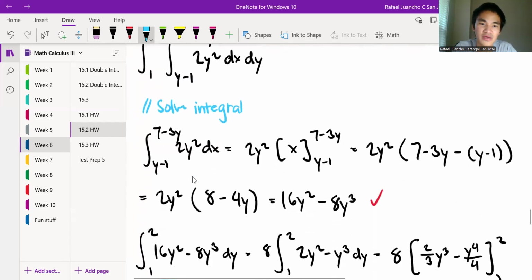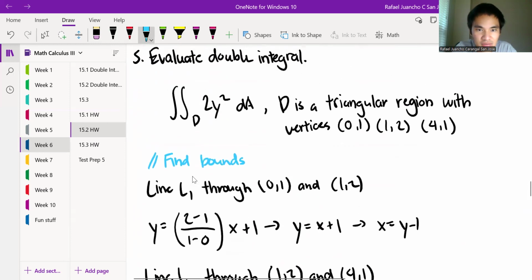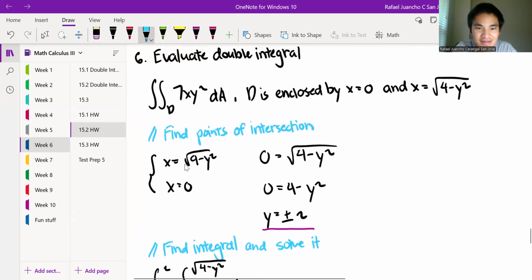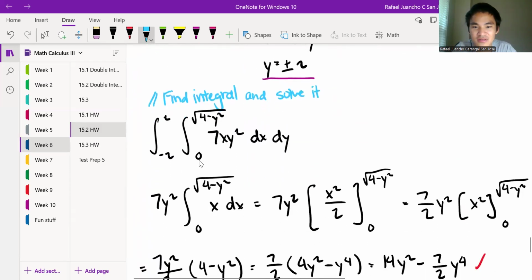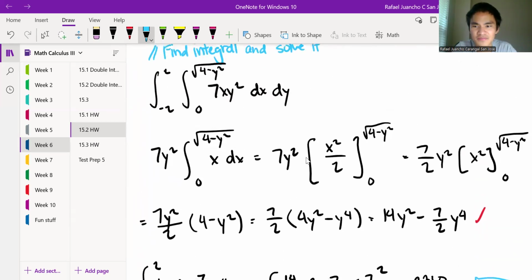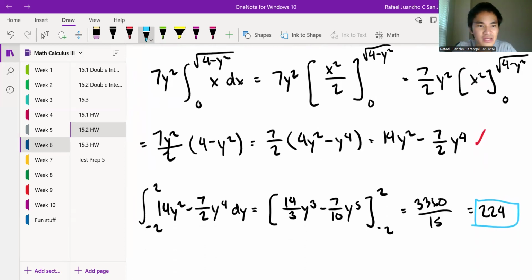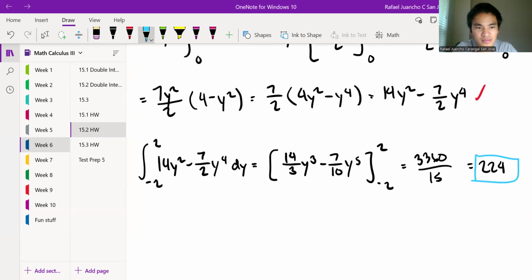Oh no. Am I lost? Wait, what happened here? Oh, 7xy squared. Okay, okay, okay. I was lost for a second. Yeah, that's squared here. I got that part. And then from there, you just straight up integrated that whole thing. I combined it to get my y. Yes, he factored it out.